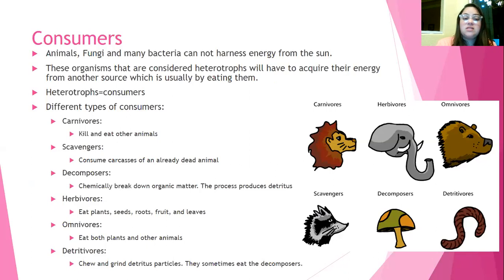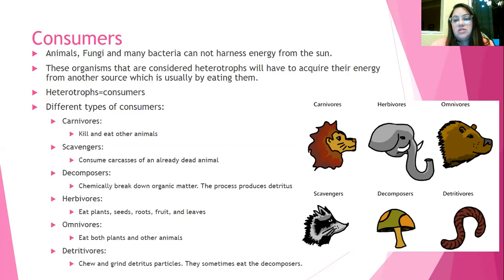Herbivores will eat plants, seeds, roots, fruits, and leaves. So herbivores, in this example, we have the elephant. Cows are herbivores. Certain birds will eat fruit, seeds, and sometimes leaves and stuff like that, but not very often. And then omnivores are organisms that will eat both plants and animals.